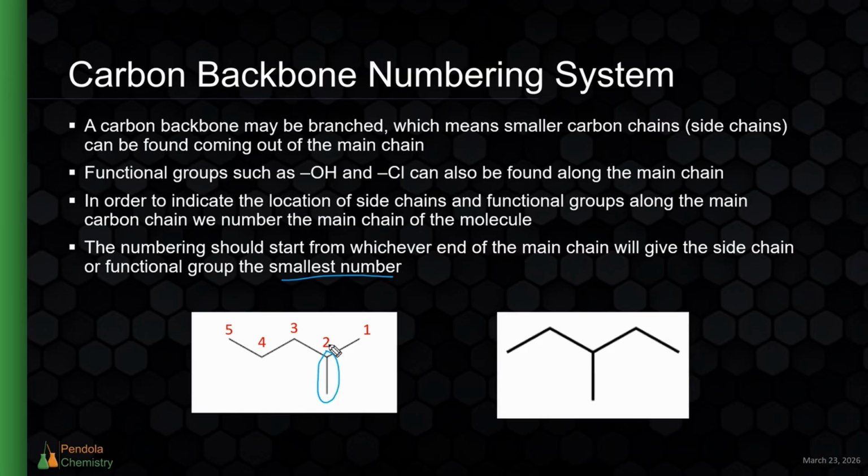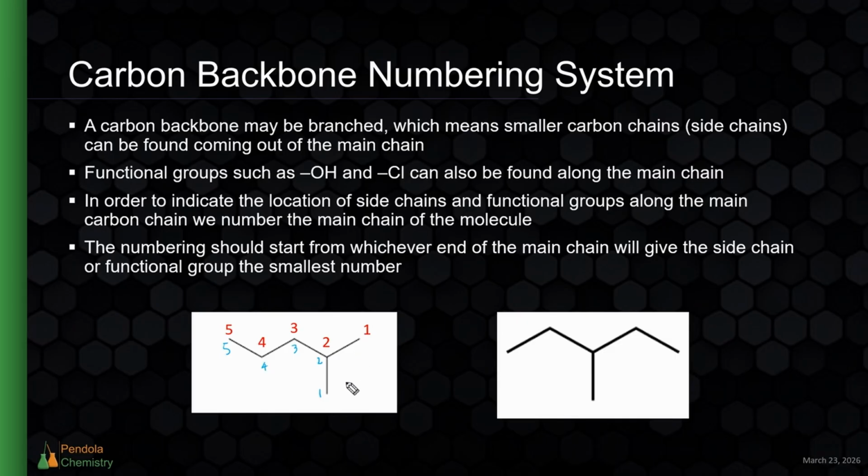Now, I did mention there's a few ways of doing this. If we instead started from the bottom carbon and went 1, 2, 3, and let me actually do this in a different color because those colors are blending into each other too much. So if we start from the bottom carbon, 1, 2, 3, 4, 5, this is also correct. We could actually start from either this carbon or this carbon. Why?